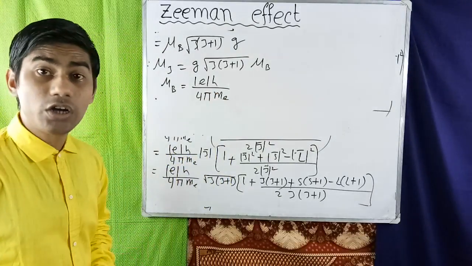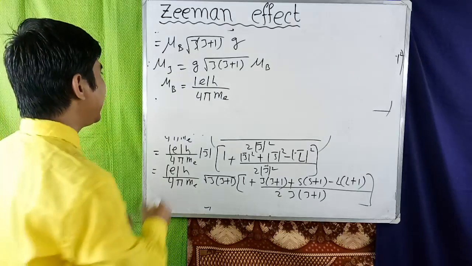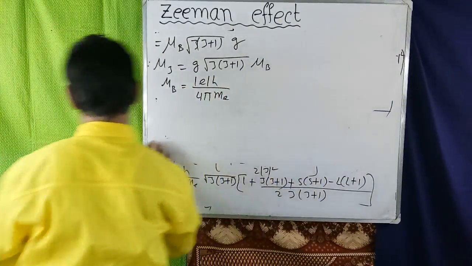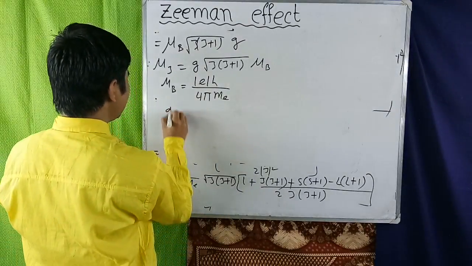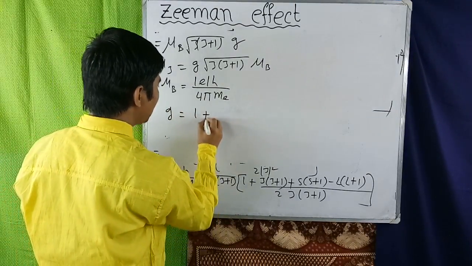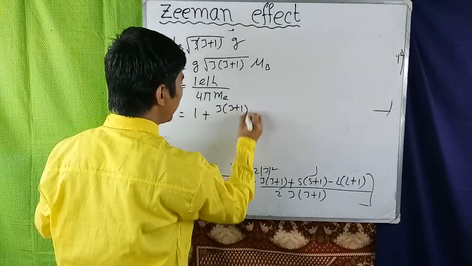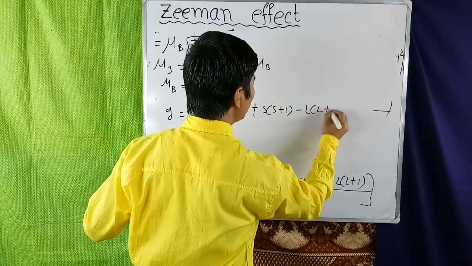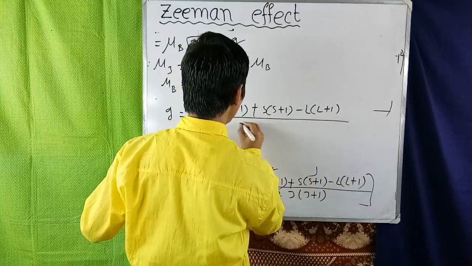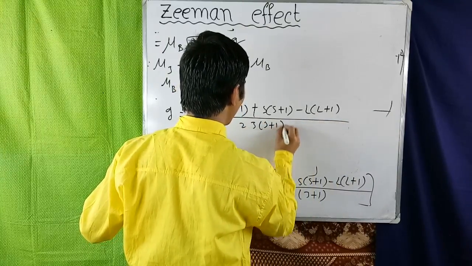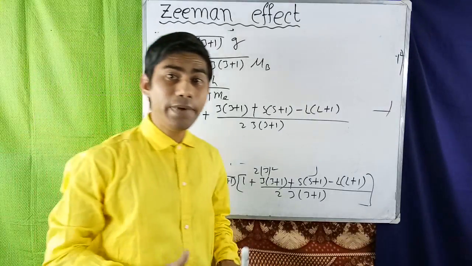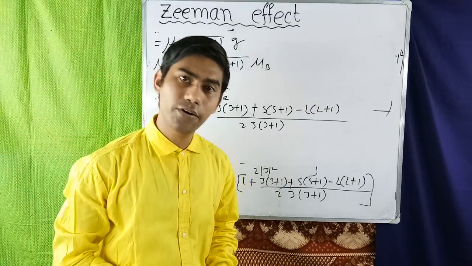Mu B is called the Bohr magneton. And g equals 1 plus J into J plus 1 plus S into S plus 1 minus L into L plus 1 by 2 J into J plus 1. g is called the Lande g factor or splitting factor.